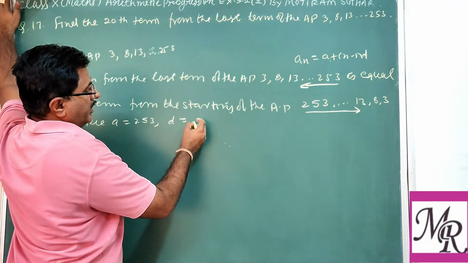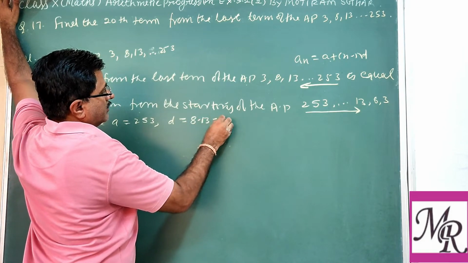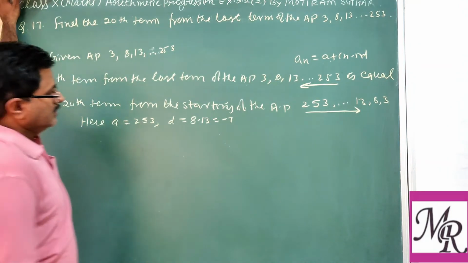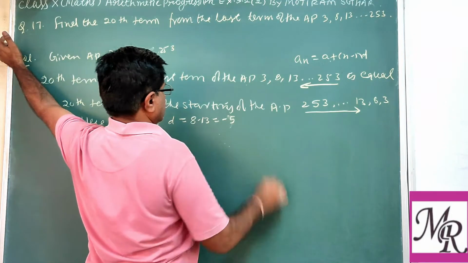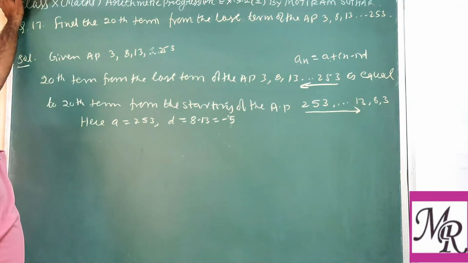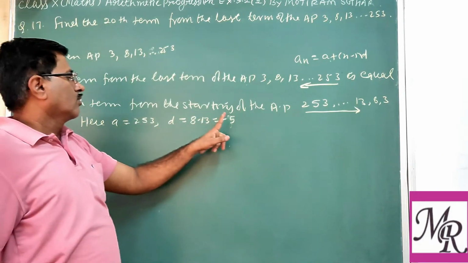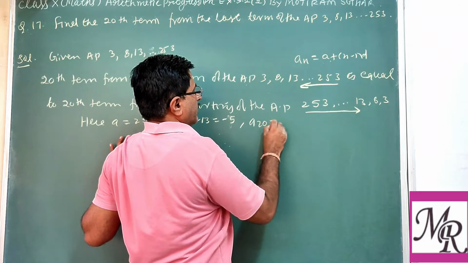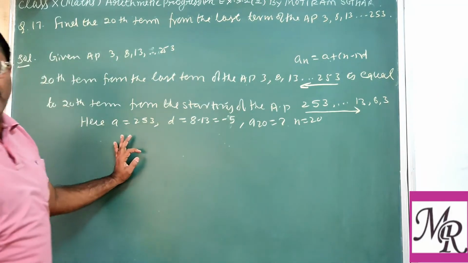So 3 minus 8, or 8 minus 13, that is minus 5. Now you know the first term and common difference, and we want to find the 20th term, with n equal to 20. Then what is the value of a20?